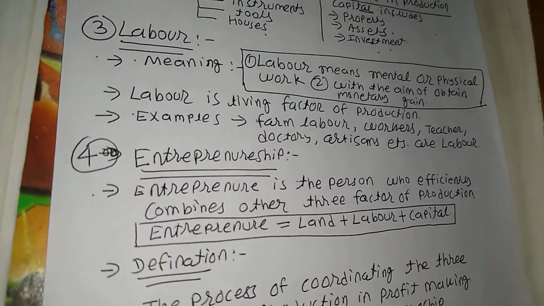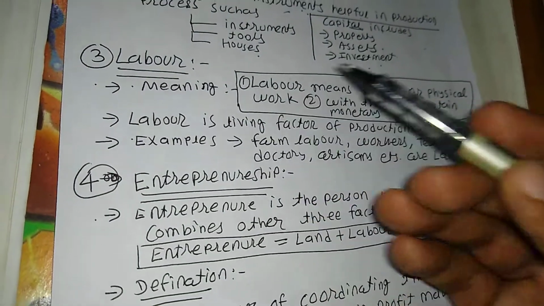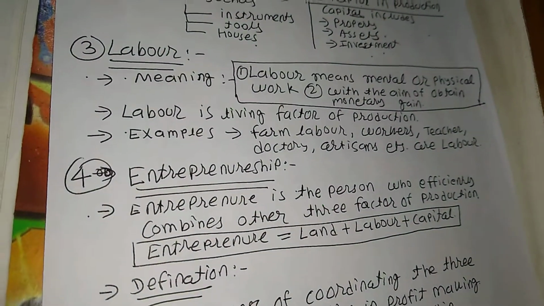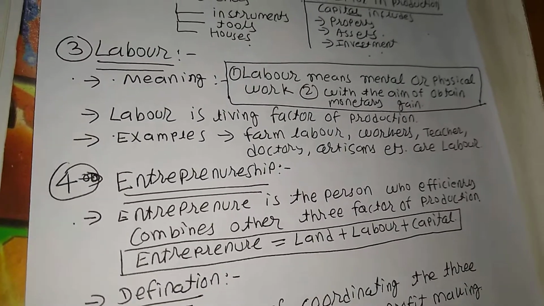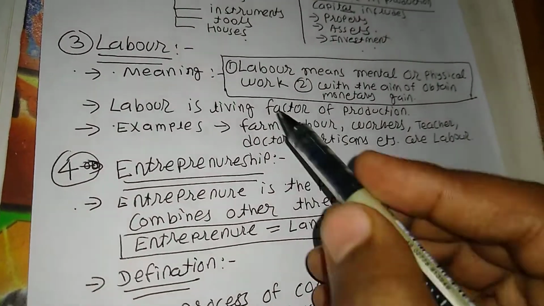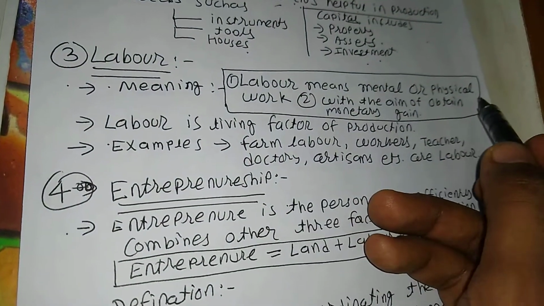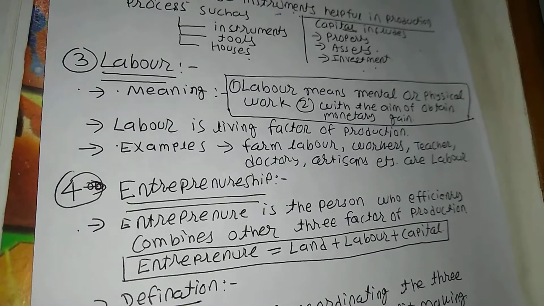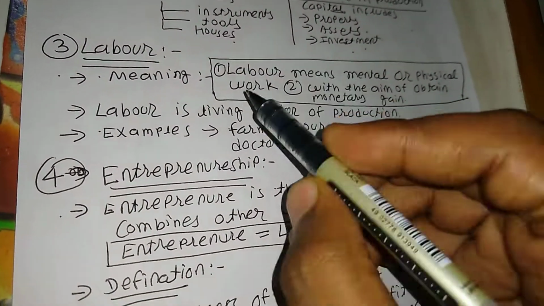Then labor, the meaning. How can you consider someone as labor? In economics, the definition is divided into 2 parts. The first is that labor means mental or physical work. Every laborer does either mental work or physical work. But what is the reason?